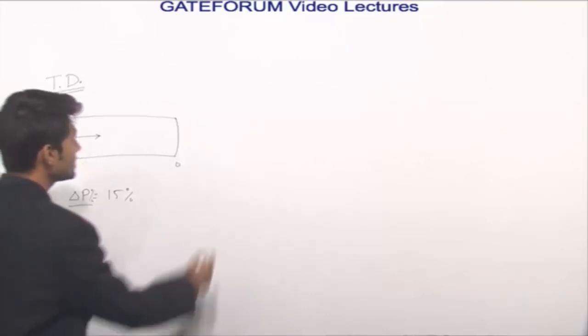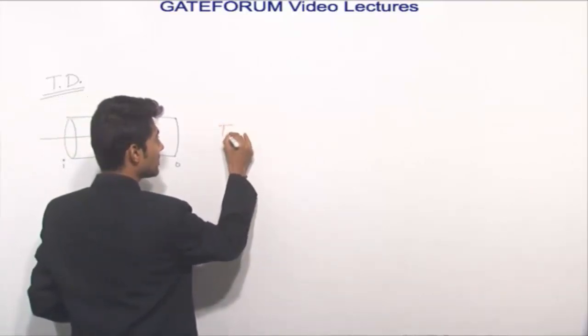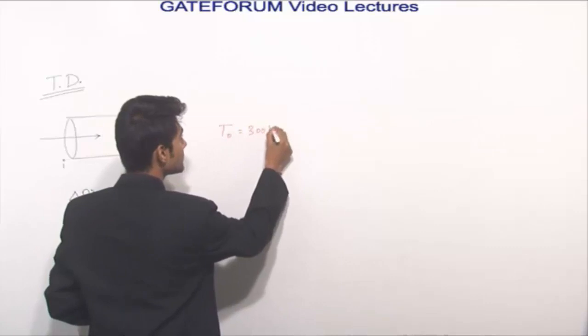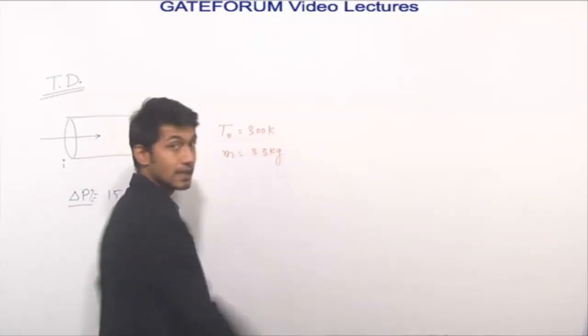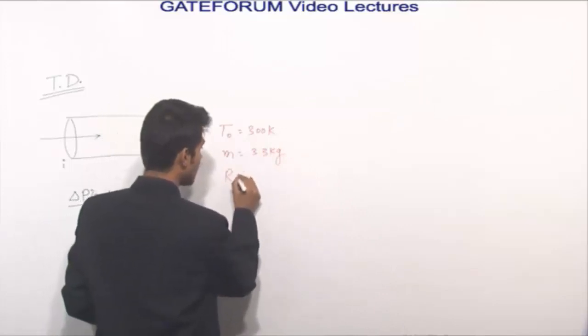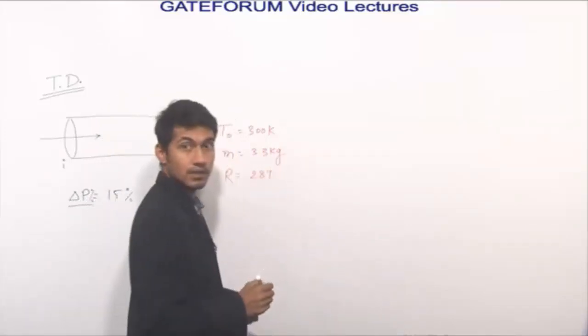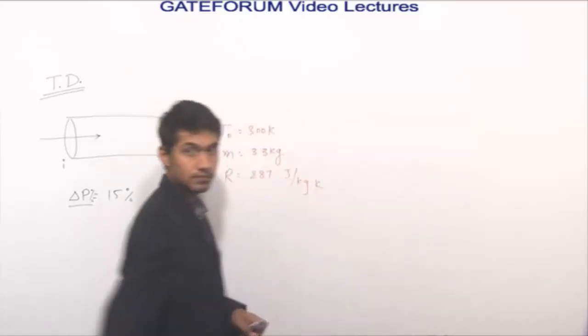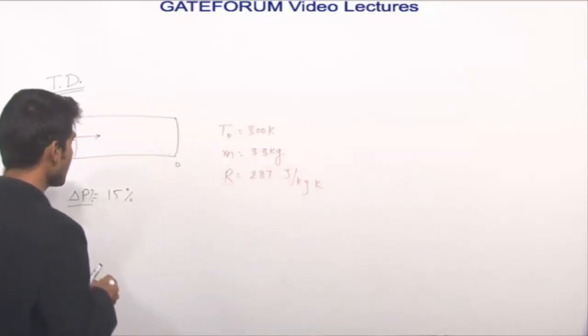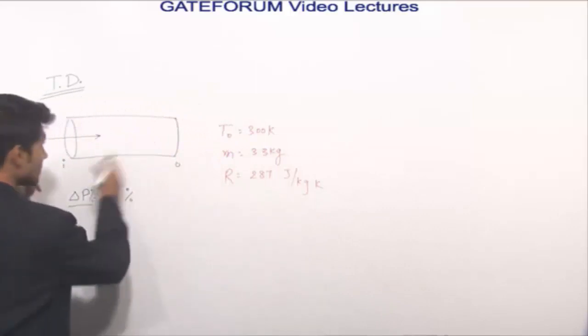And apart from this, all other data given are temperature 300 Kelvin, mass given as 3.3 kg, and R as 287 joule per kg Kelvin. Now it is a flow system.